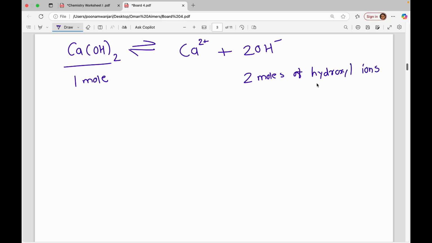So students, as we know, there is a complete dissociation. When the dissociation is complete, we use a very simple formula. Here, 1 mole is giving 2 moles, and the concentration of calcium hydroxide is provided.